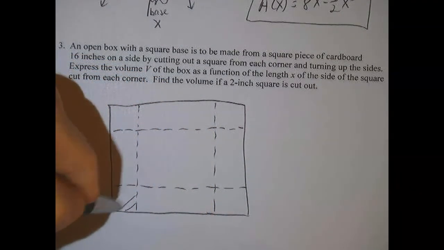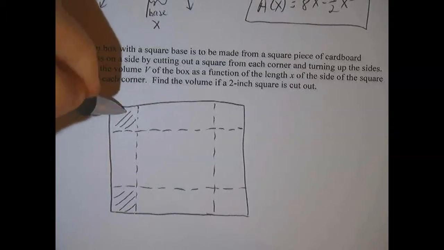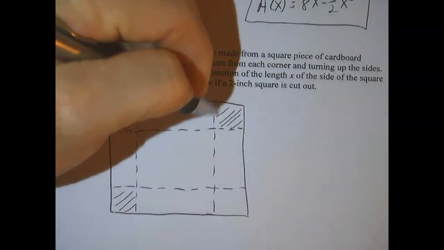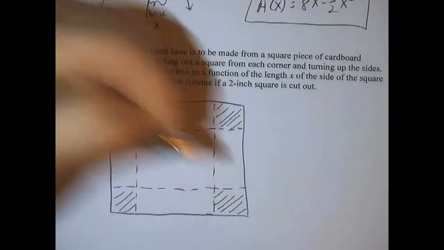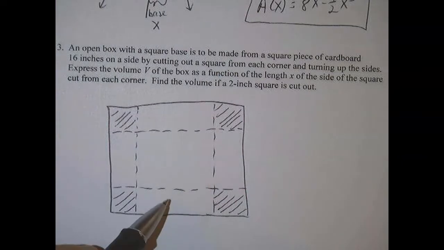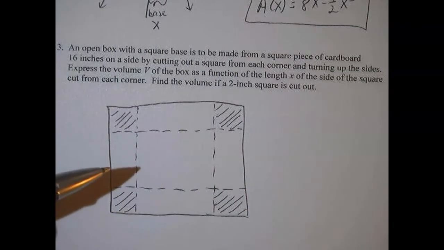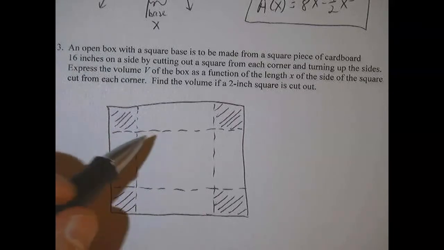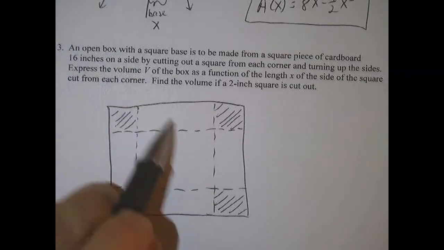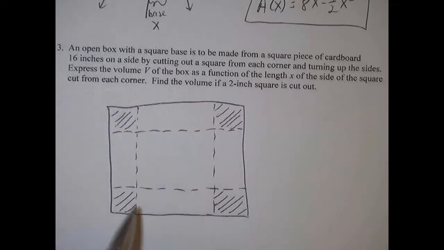So all of this is going to be cut out. This is going to be discarded. It's not going to be used for the box. And we're going to fold up the four sides. So we're going to get a little square box, and it is square because it starts out as a square and we cut out equal parts.